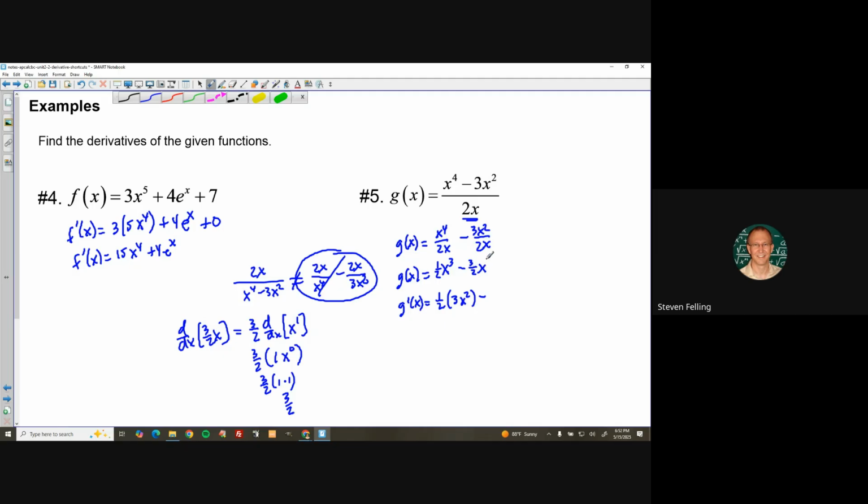You can think of this as x to the first. But I actually think of this a little bit differently. The way I think of this, taking the derivative of 3/2 x, is I think, hey, if this was y equals 3/2 x, that would be a line, right? Equation of a line. And this would be the slope of that line.